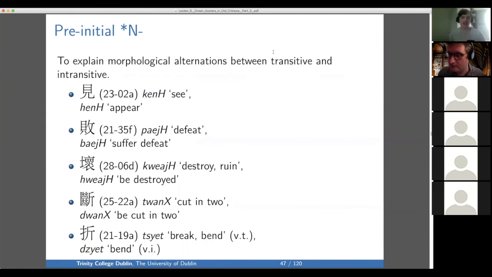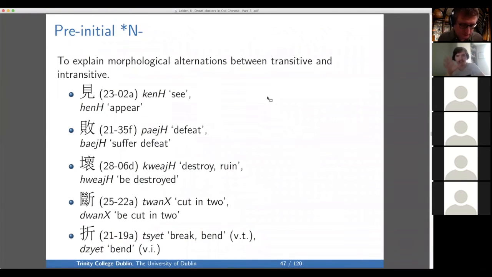Yeah, sorry, I just have a small question, but isn't it possible that this kind of became productive later on? Let's say in late Old Chinese, the voiced, voiceless opposition got kind of grammaticalized, was perceived as being a way to create intransitive verbs from transitive or vice versa, and that therefore some of these words could actually be secondary.